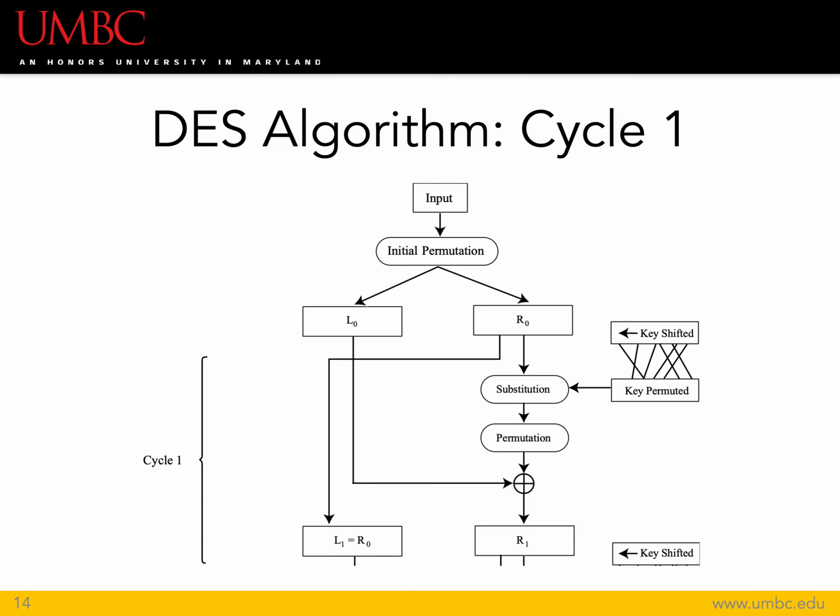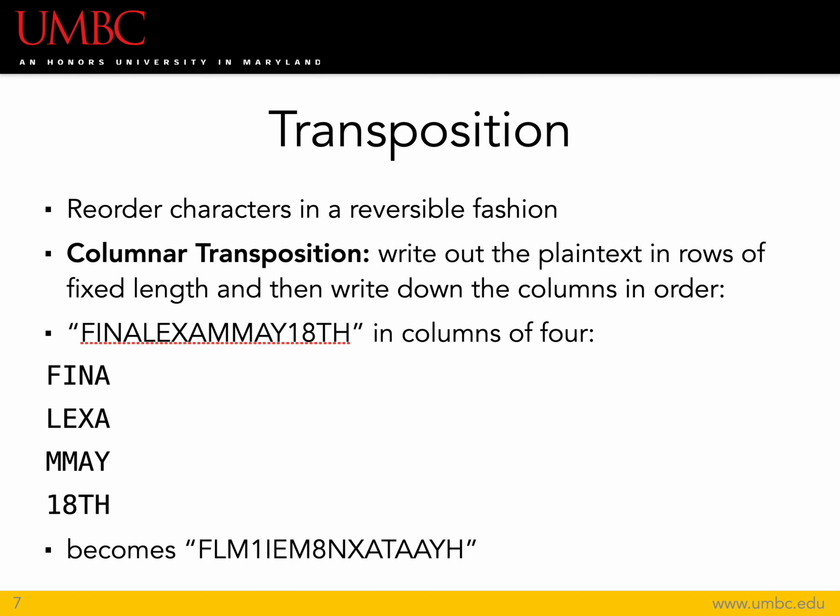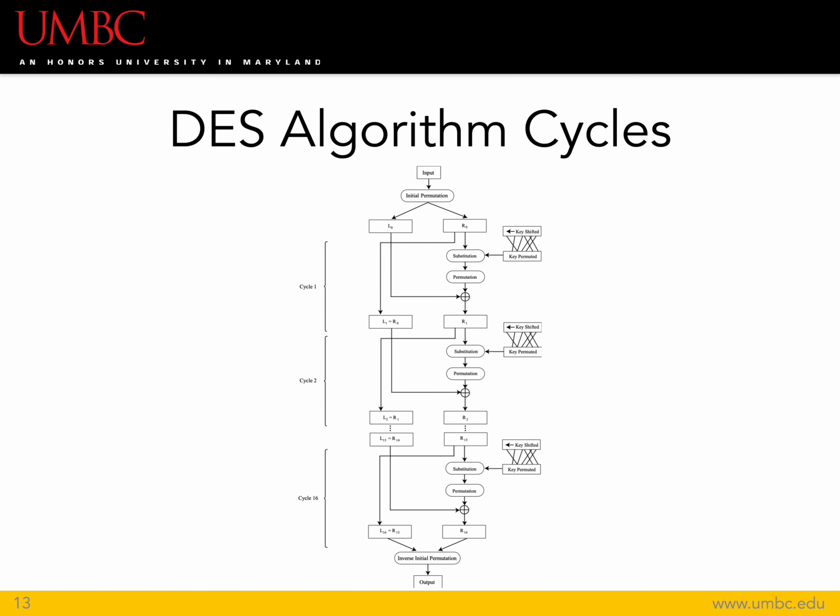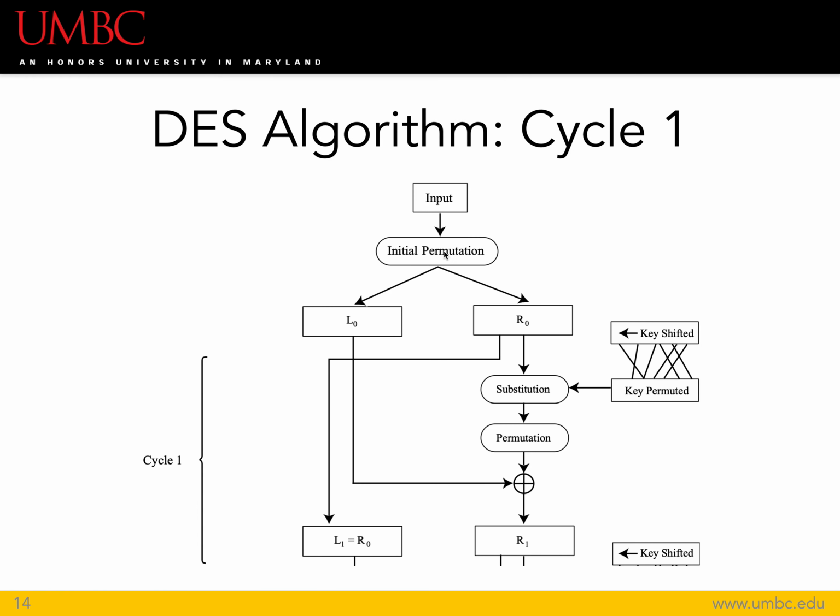So cycle 1, the startup cycle. We have our input, a 64-bit block. We do our initial permutation. You can think of a permutation as basically the same thing as a transposition, as we talked about earlier. So here is our initial permutation. And then we create a left half and a right half. The right half goes to two places.